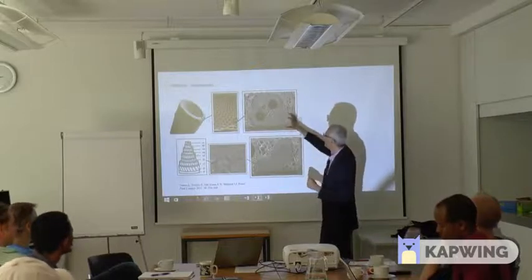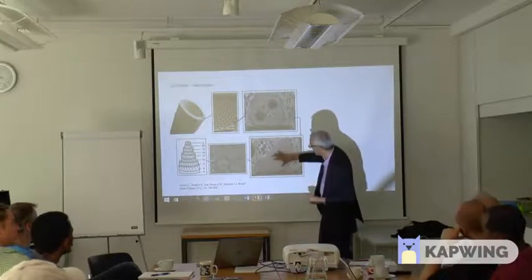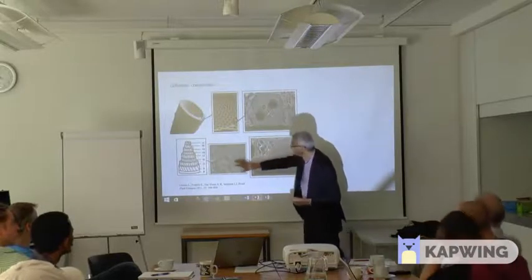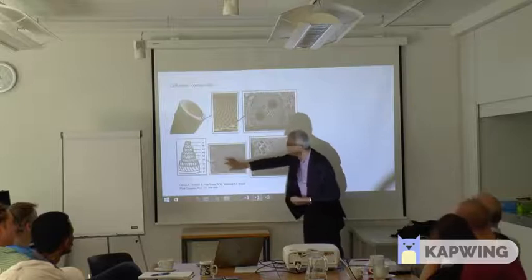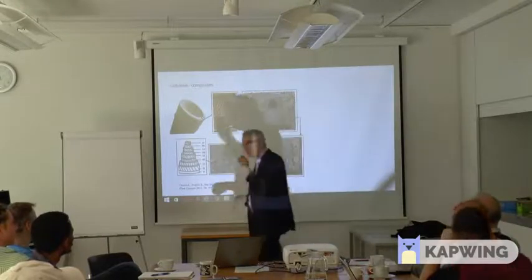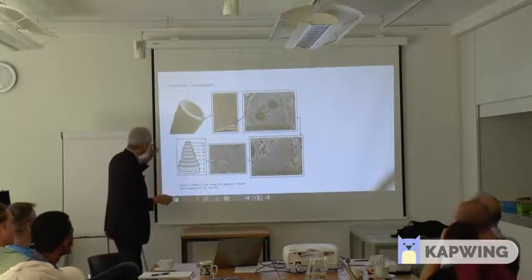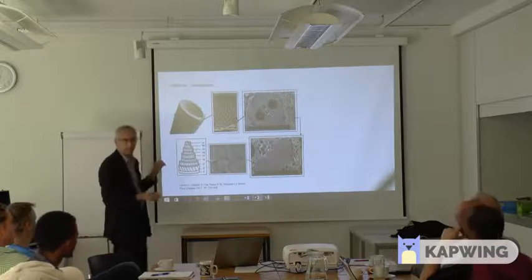And then you can go, and this is actually a bundle of unitary cells. You can go deeper, and then you go to one unitary cell with the lumen inside, and we can go to the pulp, extracting the pulp from that area.